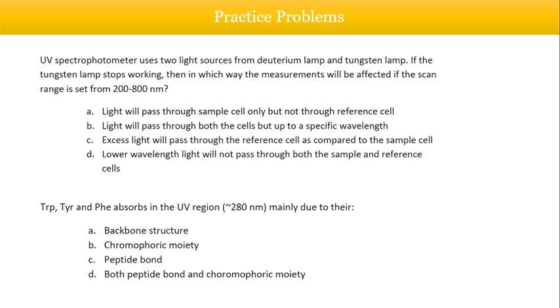The next problem says a UV spectrometer uses two light sources, the deuterium lamp and the tungsten lamp. Now, if the tungsten lamp stops working, in which way will the measurement be affected if the scan range is set from 200 to 800 nanometer?